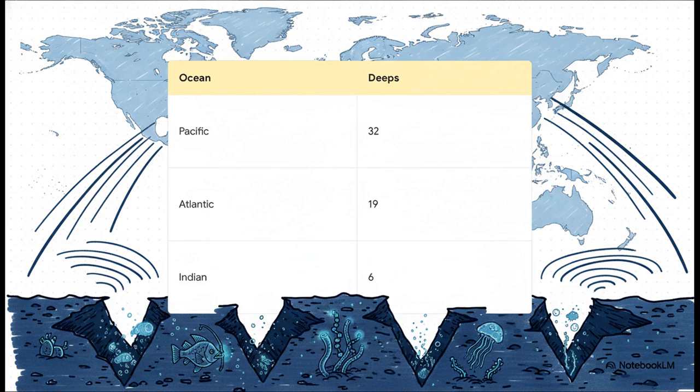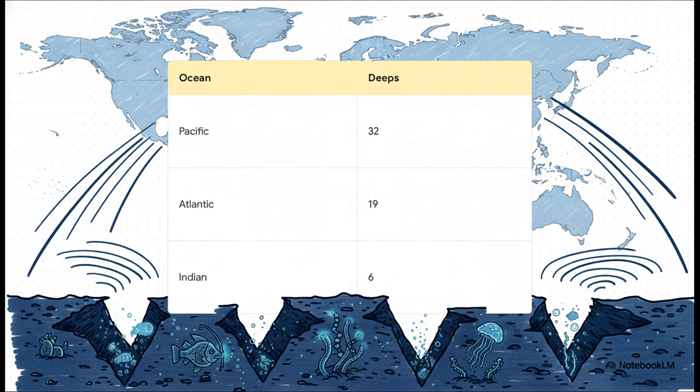Down at the very bottom of these basins, we find the absolute extremes of our planet, the ocean deeps, or trenches. As many as 57 deeps have actually been explored so far, and as you can see, the Pacific Ocean heavily dominates here. It holds 32 of these massive subduction zones, compared to just 19 in the Atlantic and a mere 6 in the Indian Ocean.